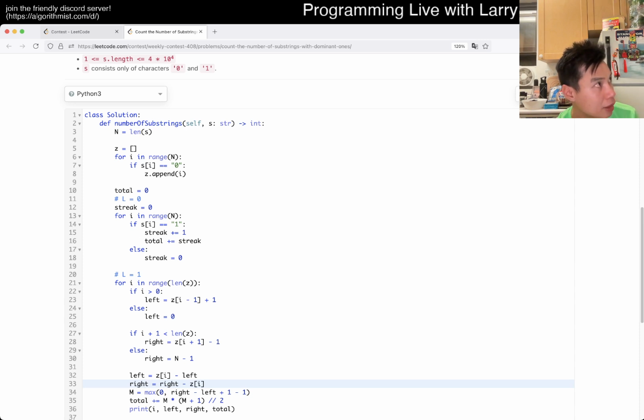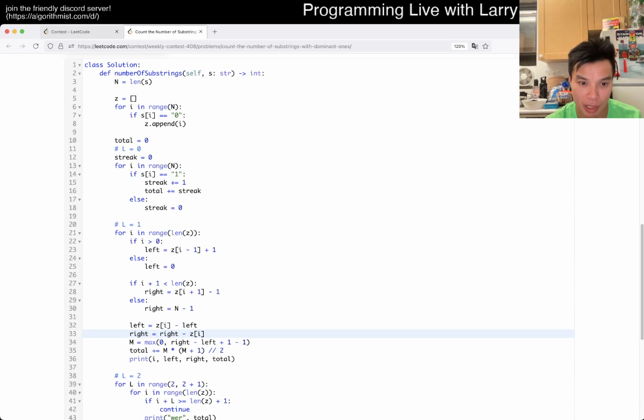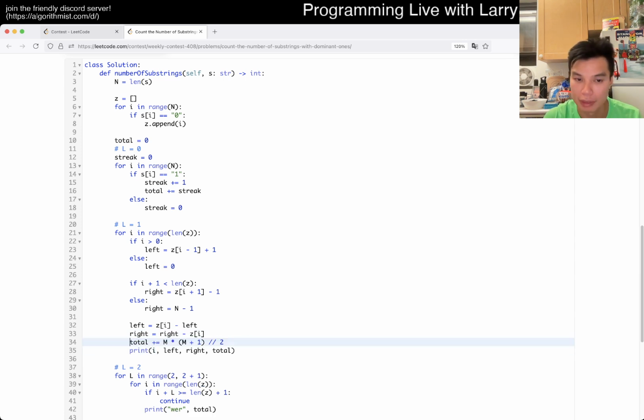So that means that it is going to be left times right minus, so that's the degree of freedom.